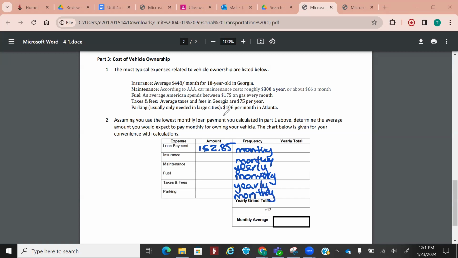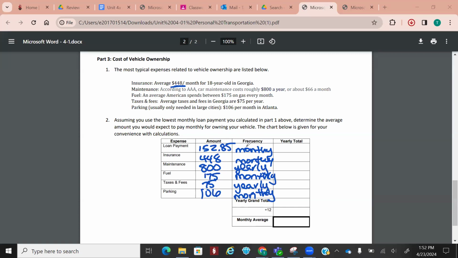Okay. So we're going to take each one of these numbers, and insurance is $448. This number's coming from up here. Maintenance is $800. Fuel is $175. Taxes are $75. And parking is $106. So we're going to take each one of these and multiply them.